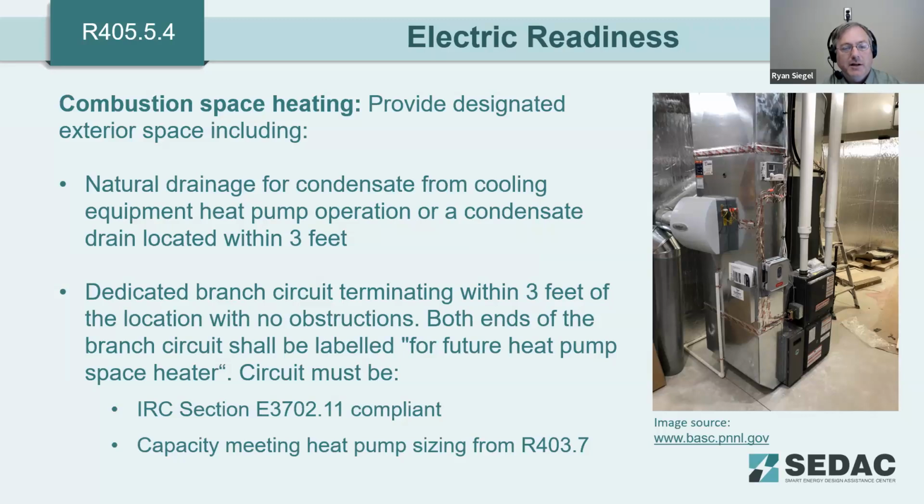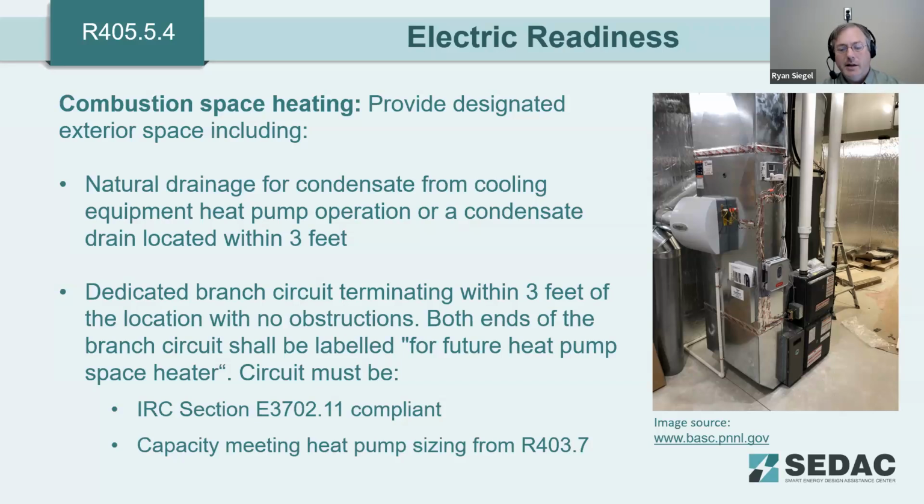But recognizing, because we have to do condensate for cooling equipment or heat pumps, so making sure that we're able to drain that condensate away, along with a dedicated branch circuit for a future heat pump space heater. So here we have a reference over to the International Residential Code, and along with capacity for a heat pump sizing.